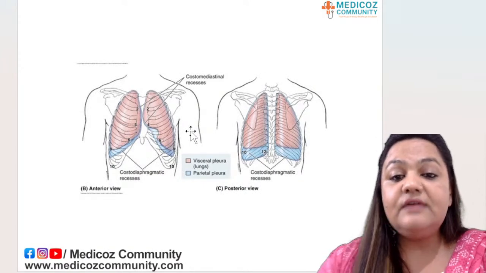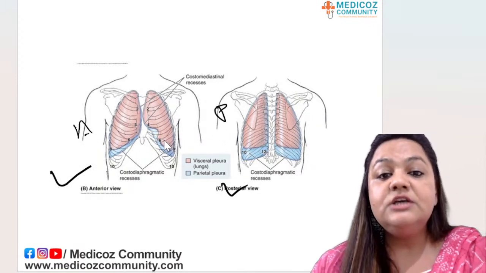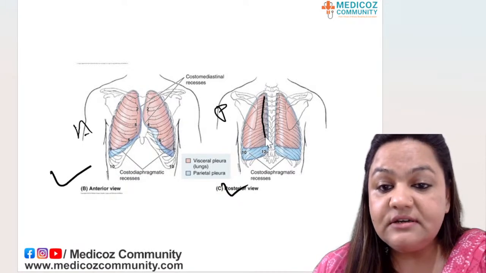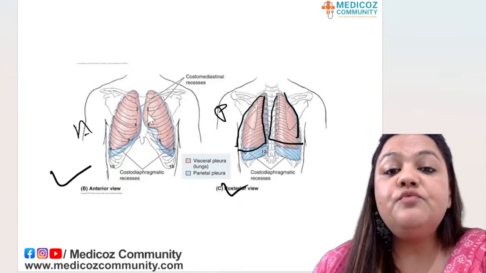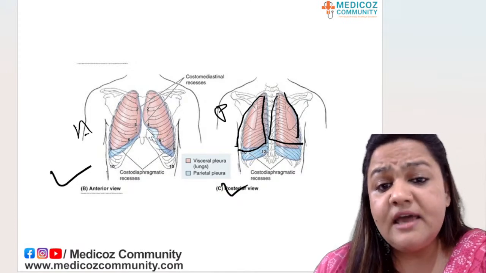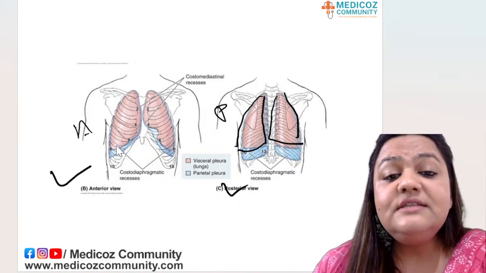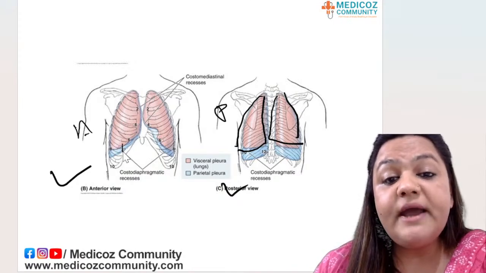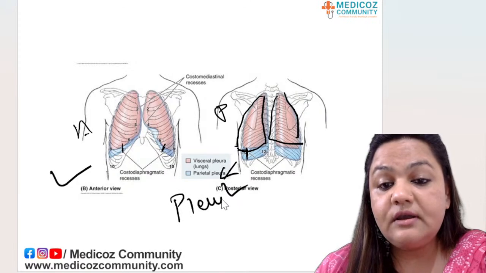So this is the diagram which is showing the lung with its pleura from the anterior aspect and the posterior aspect. Okay, so here you can see these blue color margins, they are showing the pleural reflection. So what is the pleural reflection? The layers of the pleura fuse with one another, and this is the area which is not occupied by the lung. So the space is left here, and that space is called the pleural recess.